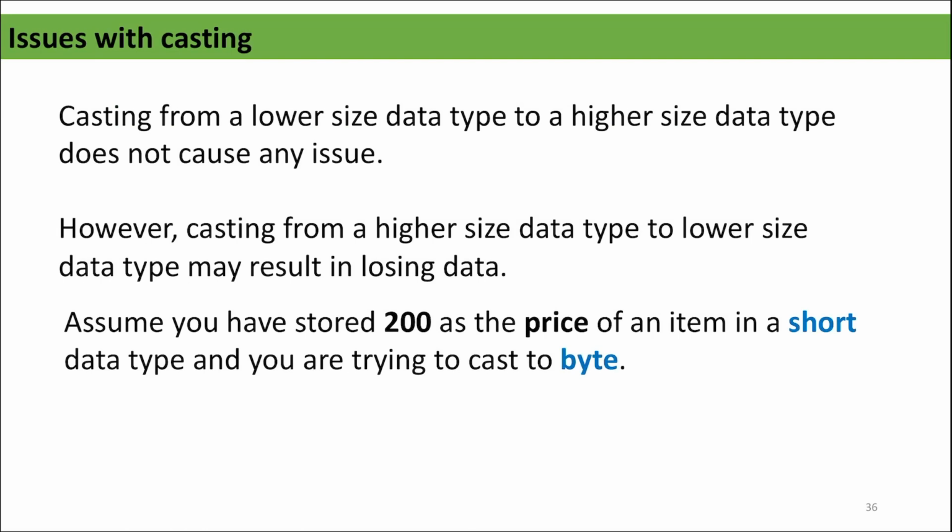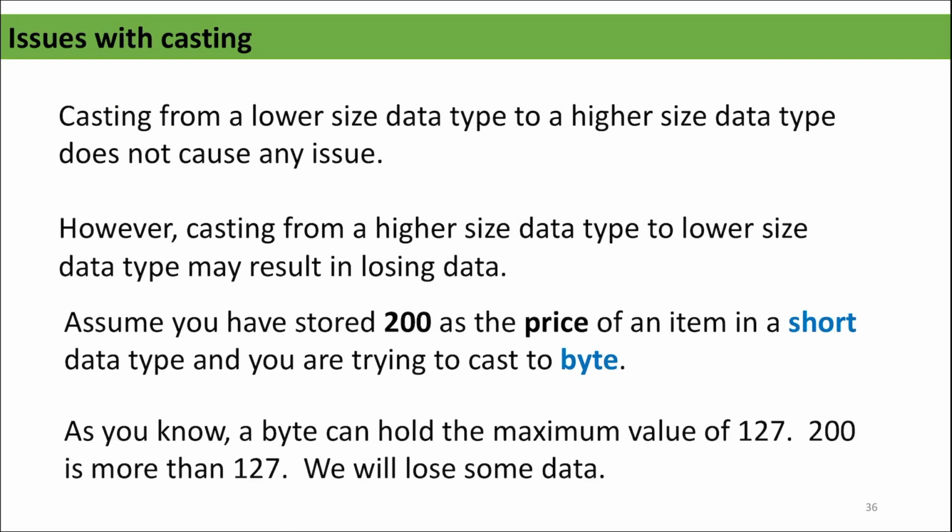You know the 200 cannot fit into a byte because byte can hold only 127 as a maximum. So 200 is bigger than a byte. So assume the 200 is a short, and then you want to cast it to byte. You will not be able to do that because byte cannot hold it.